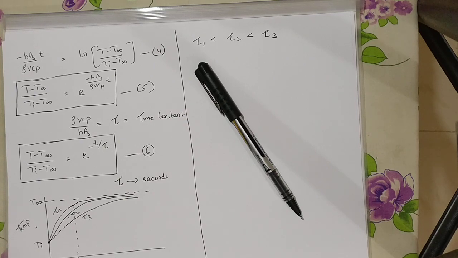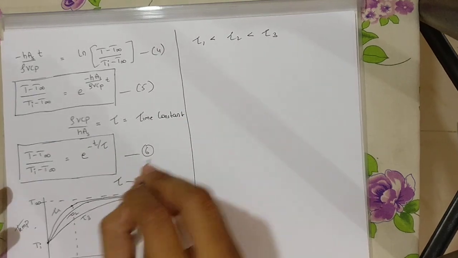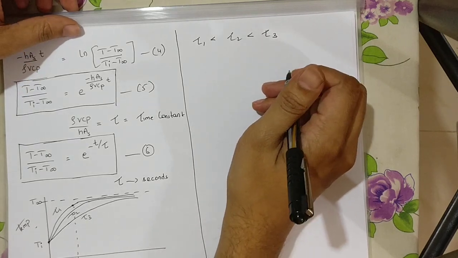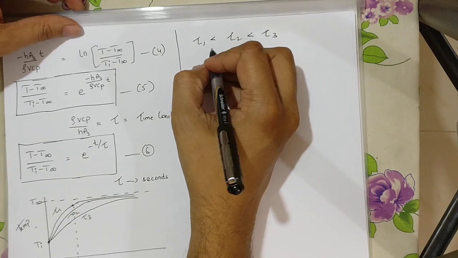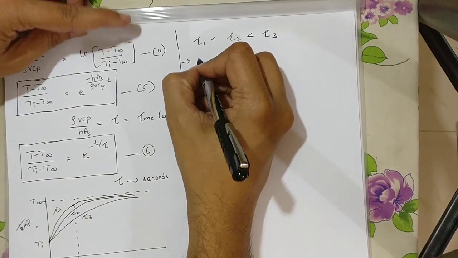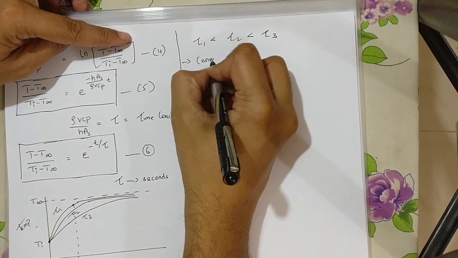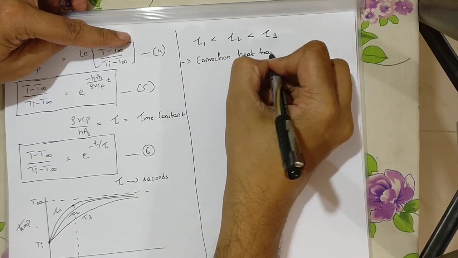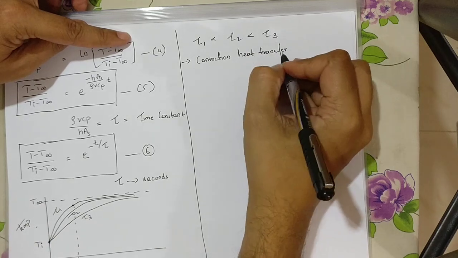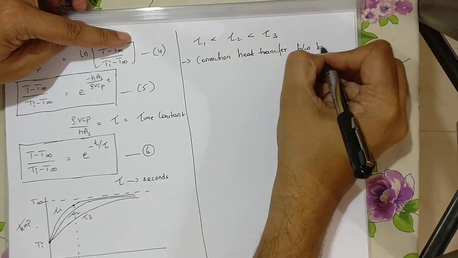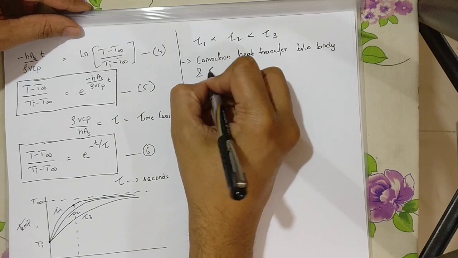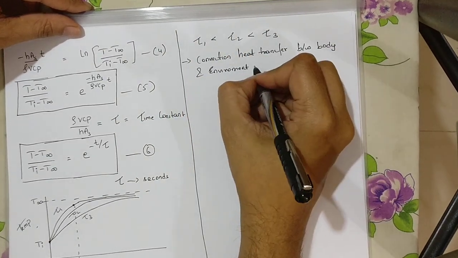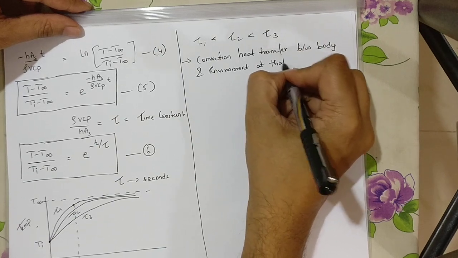Now this equation number 6 is very important to understand the temperature distribution. Now let us say we want to find the convection heat transfer between the body and the environment at that particular time, say some time t.